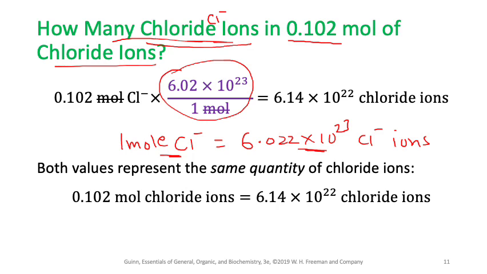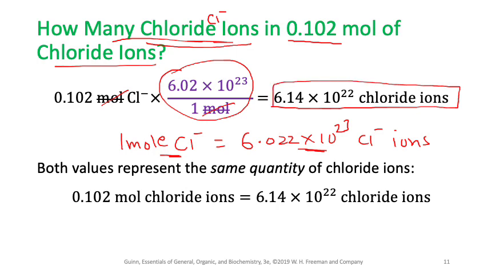Once you have the conversion factor, you just put the given number in front of it, the moles will cancel out, and then you multiply the two numbers on the top, and you will get how many ions you have in that number of moles.